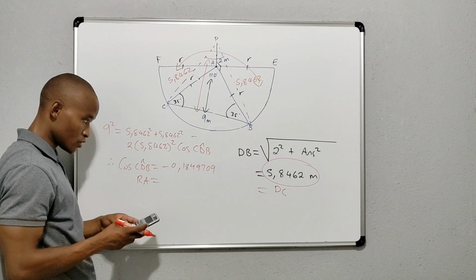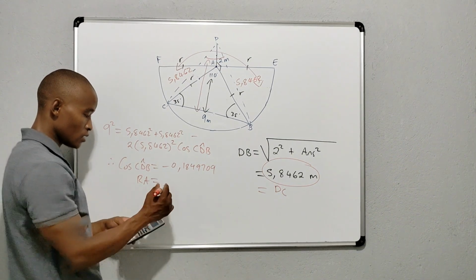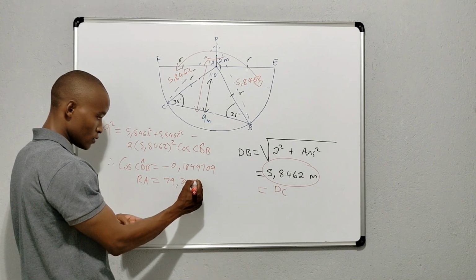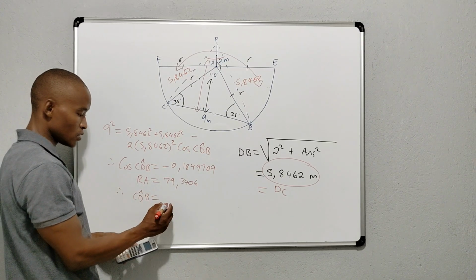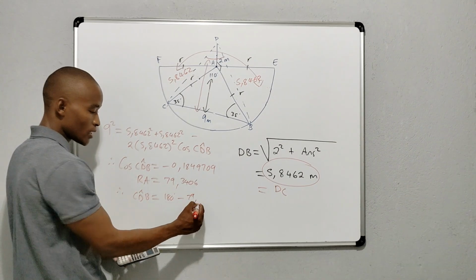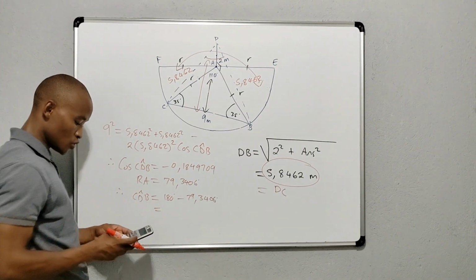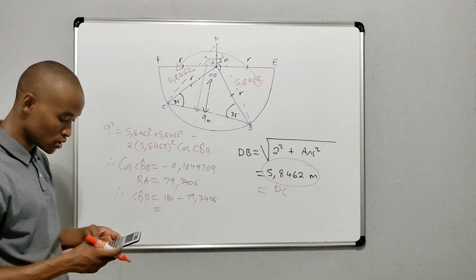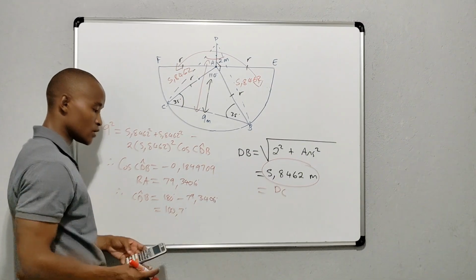Cos inverse of 0.1849709 is 79.3406, and therefore angle CDB is equal to 180 degrees, quadrant 2 reduction formula, minus 79.3406 degrees, which gives you 100.7 degrees.